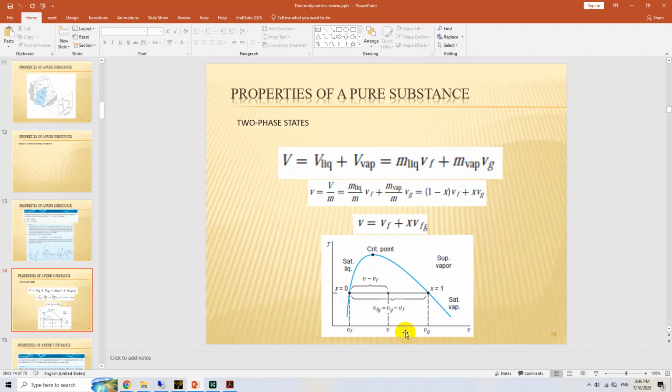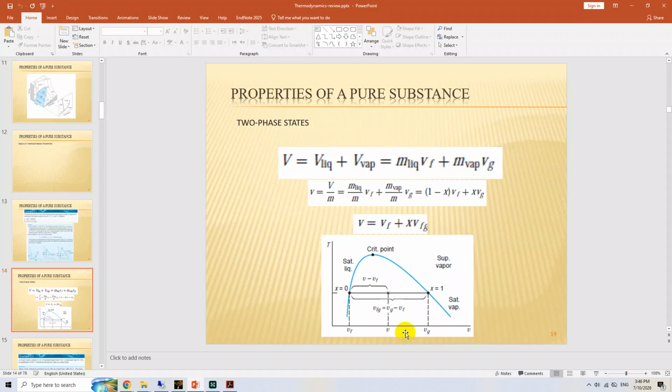The other definition is that when we talk about two-phase matter or two-phase water, some part of the volume is liquid and some part is vapor. So the total volume is equal to the volume of liquid plus the volume of vapor.